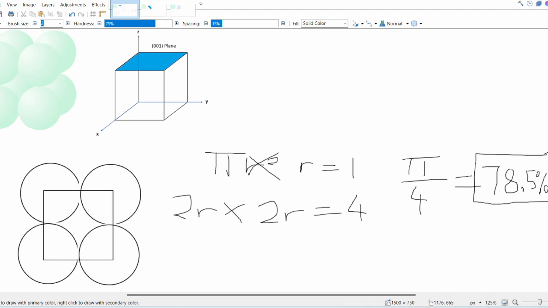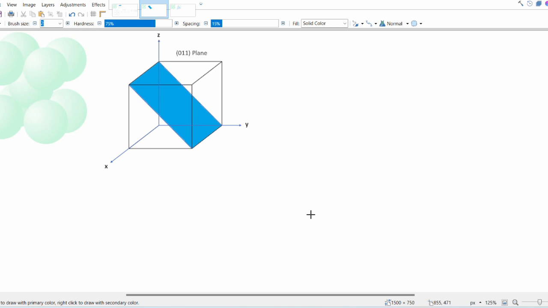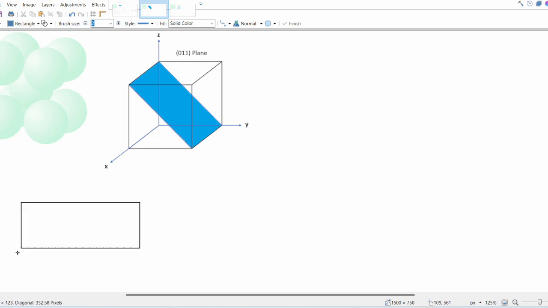Now, let's head on over to the body-centered cubic. This one is a bit more complicated. And this time we're going to be using a diagonal plane. So if we were going to draw this plane out, it would look a bit something like this.